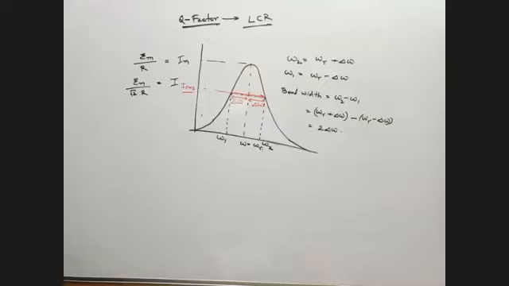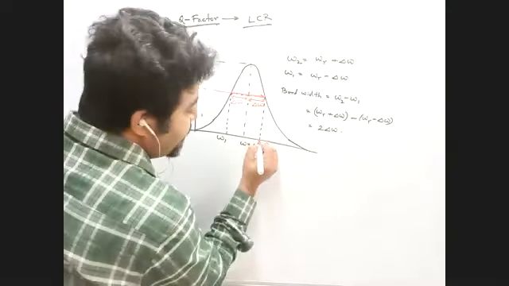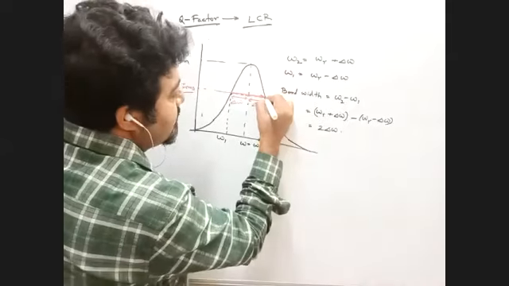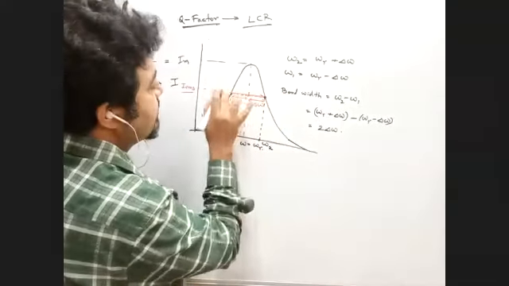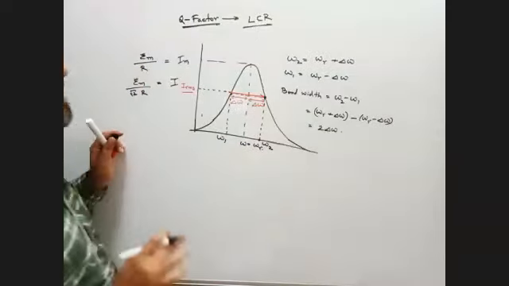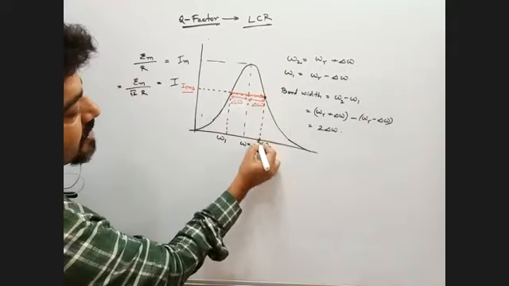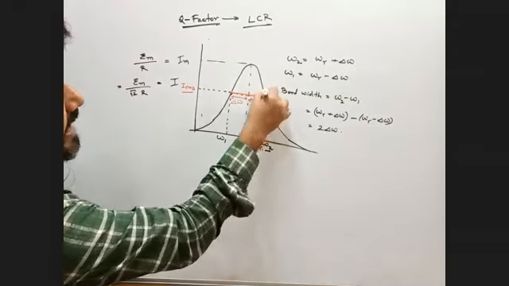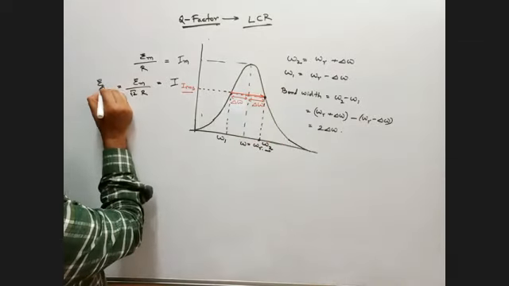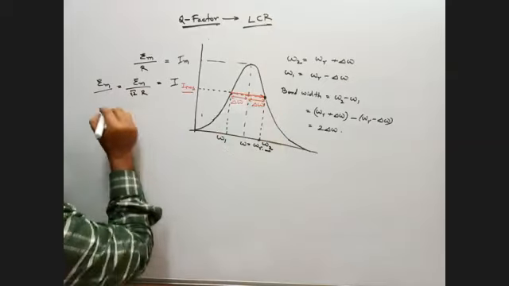Now see, if we use this frequency for that particular current, although this current is the RMS value, we know in general the current for this particular frequency at that particular instant is maximum EMF by Z.